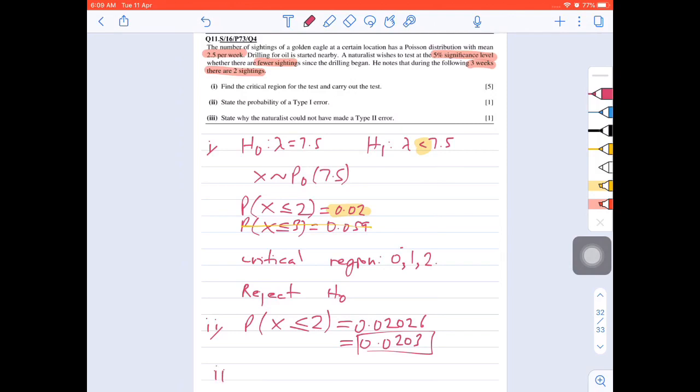Then third part, explain why the naturalist could not have made a type 2 error. H0 was not accepted, whether it be true or false, and type 2 is when false H0 is being accepted. So since H0 was not accepted, a type 2 error cannot occur.